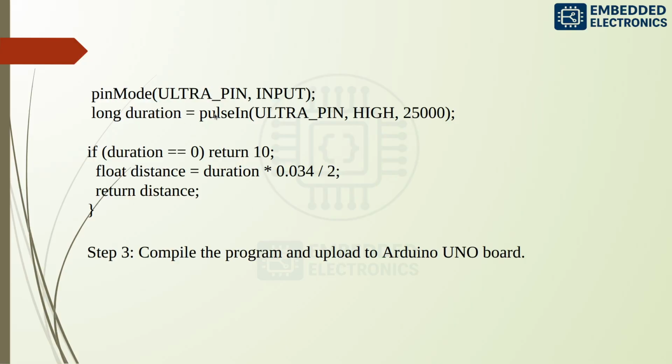So long duration equals pulse in of ultra pin high, 25,000, and if duration equals 0 return 10. Float distance equals duration into 0.34 divided by 2. So 0.34 is the speed of sound, then it will return the distance value.